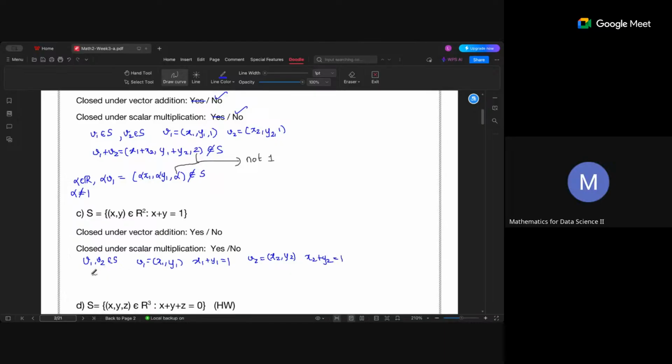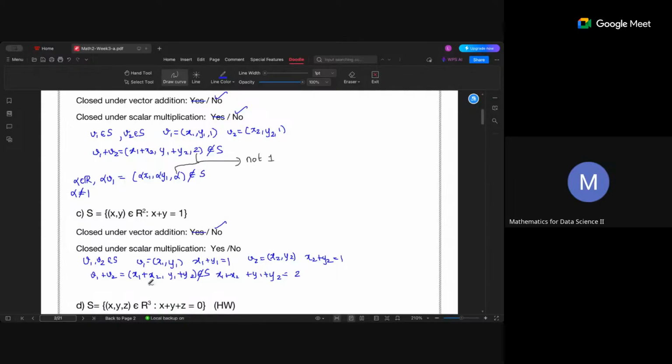Now, what is V1 plus V2? x1 plus x2, y1 plus y2. What is x1 plus x2 plus y1 plus y2? It is 2, right? So this means this vector does not belong to S. So again, this is not closed under vector addition.